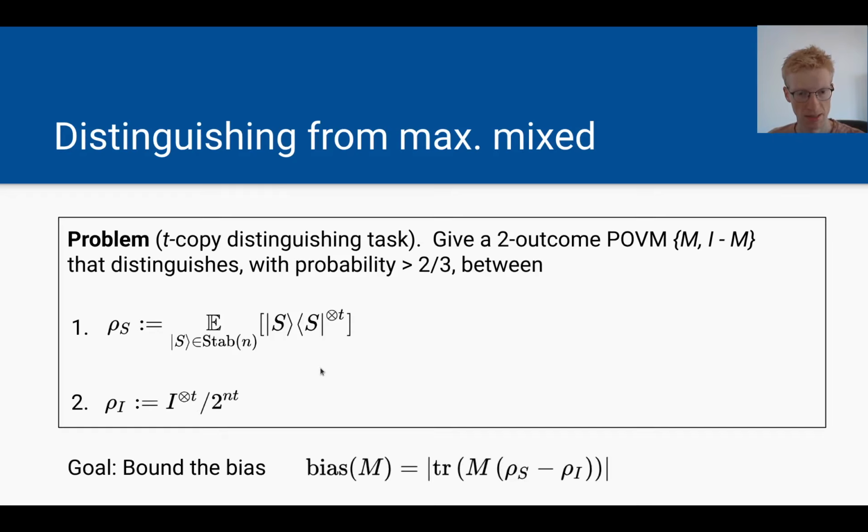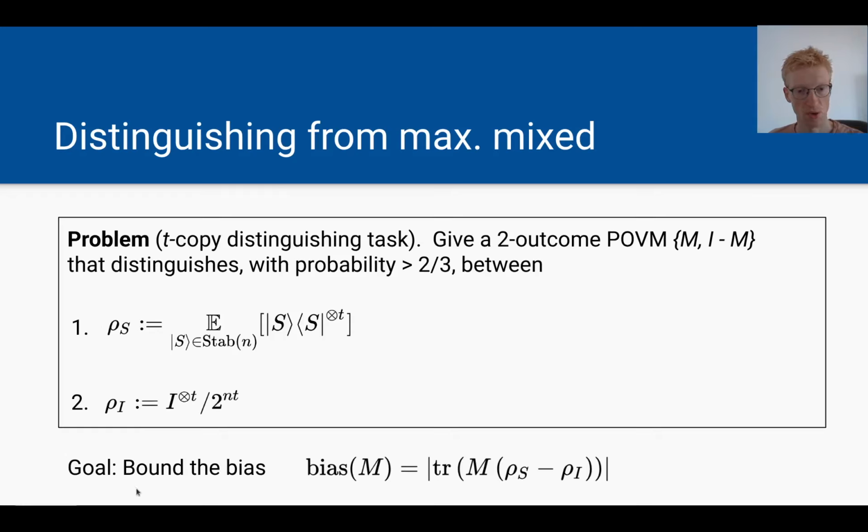Now, how do we prove a lower bound for this task? Well, we can simply look at the bias of any given two-outcome POVM M, which is given by this quantity below here. It's basically the probability that the POVM can discriminate between case 1 and case 2.